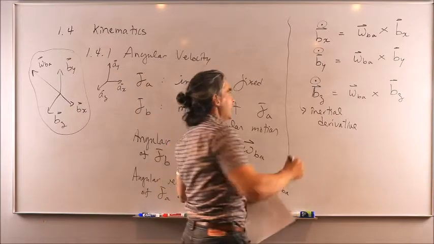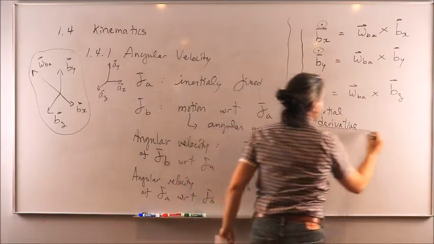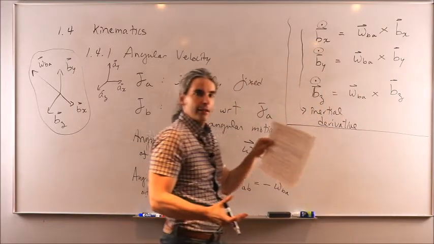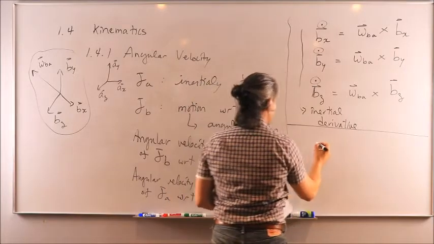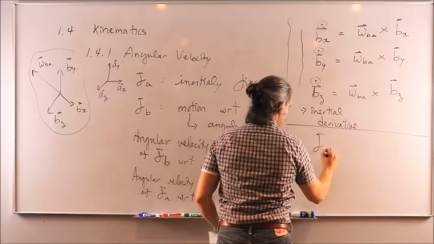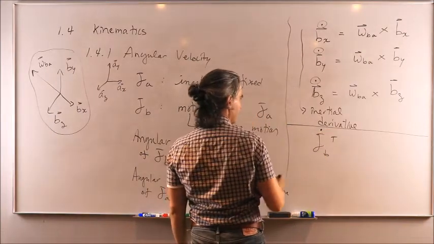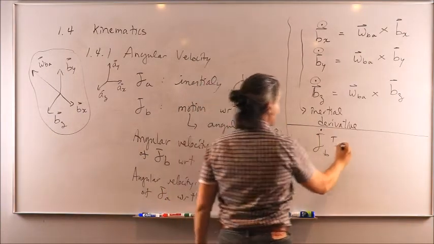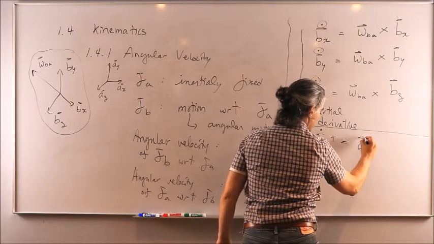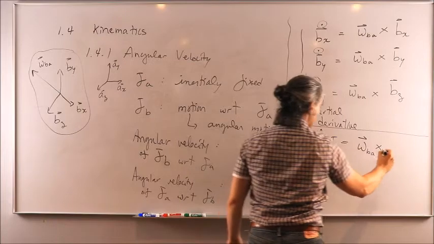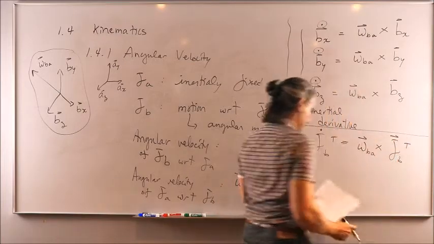Okay, now making use of those three equations, we know how we can compress those together using the vectrix notation. And specifically, I'm going to write down that the time derivative of the transpose of the vectrix is equal to angular velocity vector omega BA cross product with the transpose of the vectrix itself.